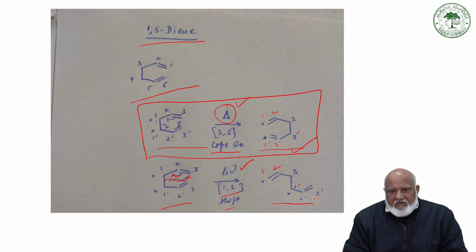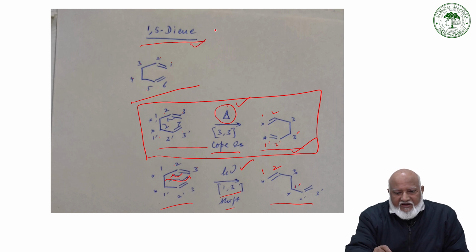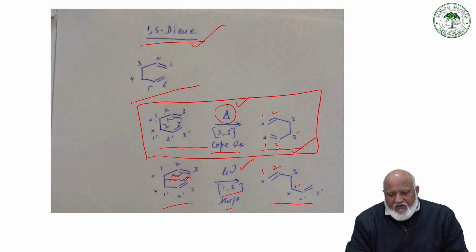So in principle, 1,5-diene undergoes a 3,3 sigmatropic shift to give this product, whereas under photolytic condition it undergoes a 1,3 sigmatropic shift to give this product. Since it is unsubstituted, both are the same product, but now let us see with a substituent.